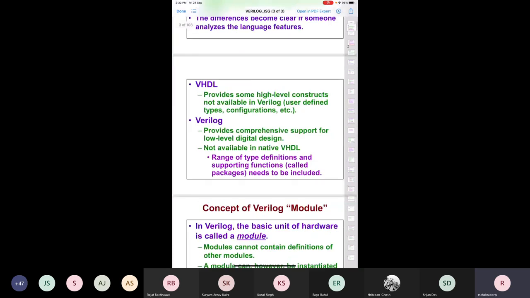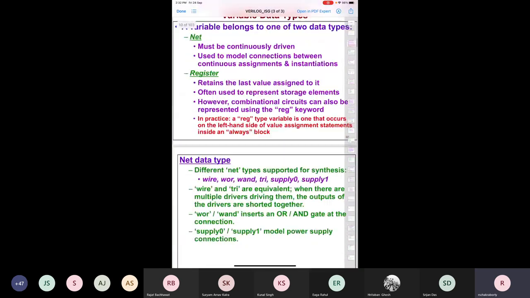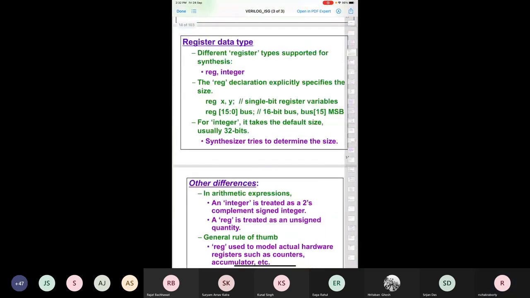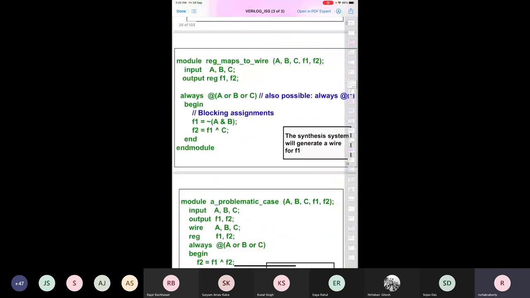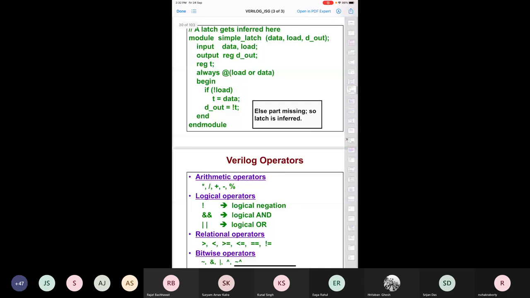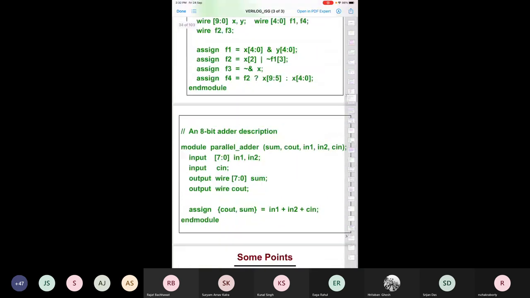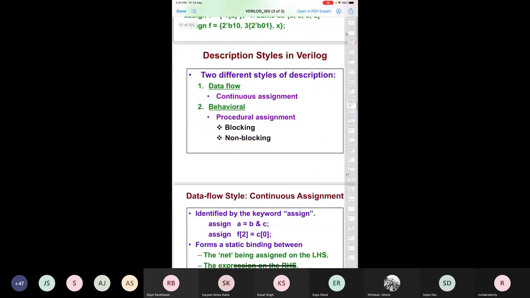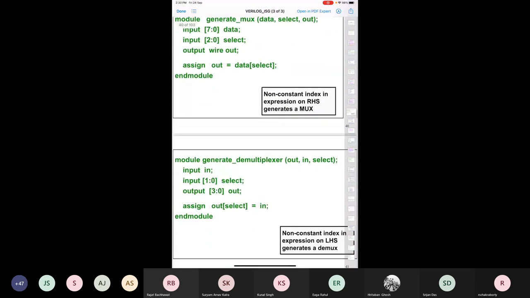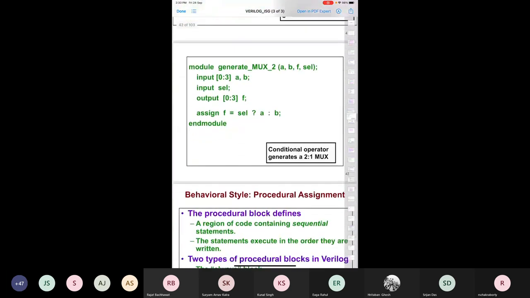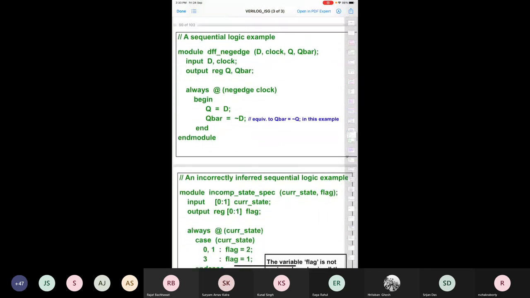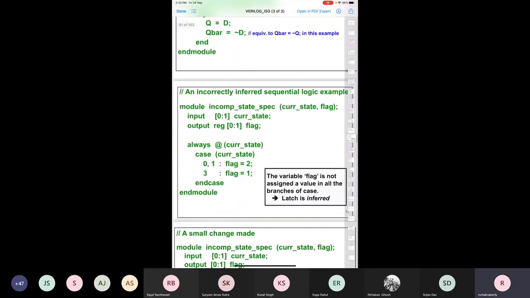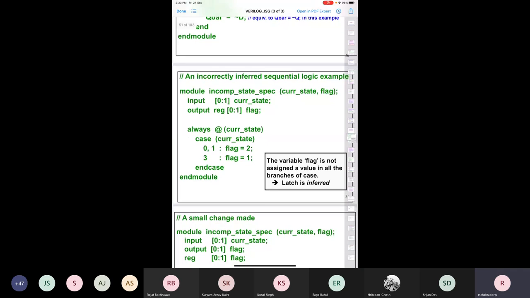Yeah, I think there is one example of an incomplete case statement. And what happens if you use an incomplete case? Yeah. So this is page number 51.